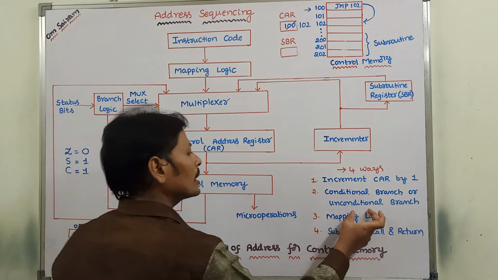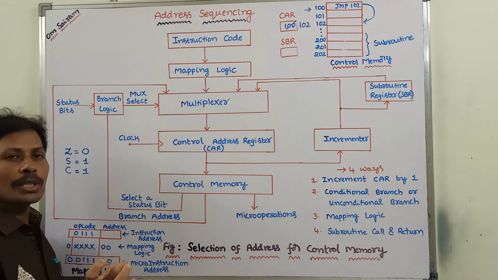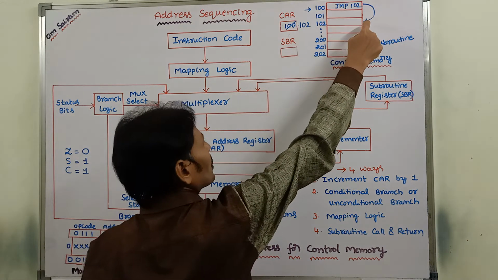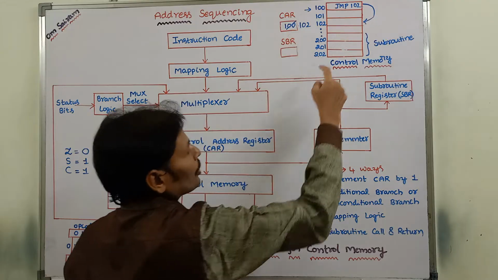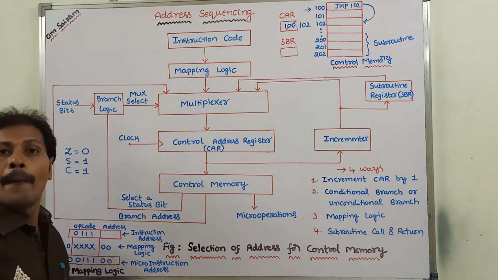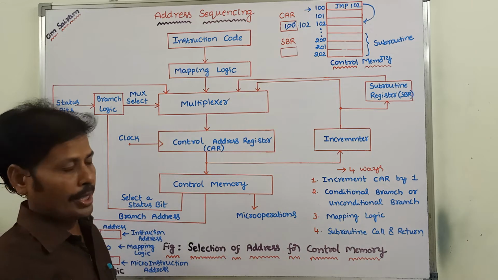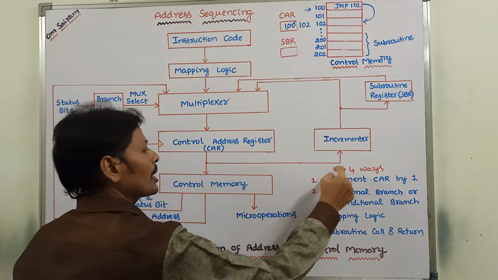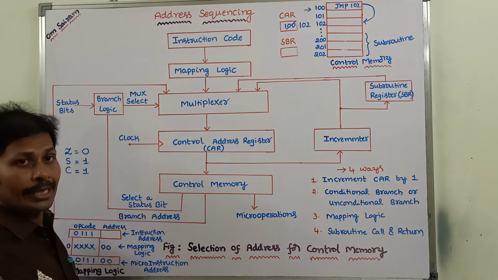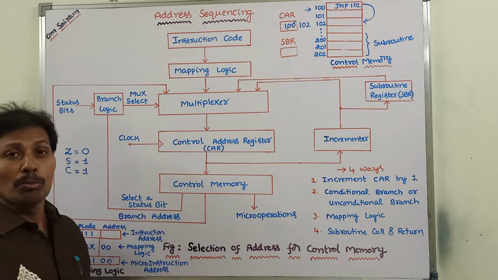In the unconditional branch, without checking any condition, simply we are transferring the program control from the current micro instruction address to the address specified within the branch instruction. In the case of a conditional branch, we have to select a specific status bit from the control memory.